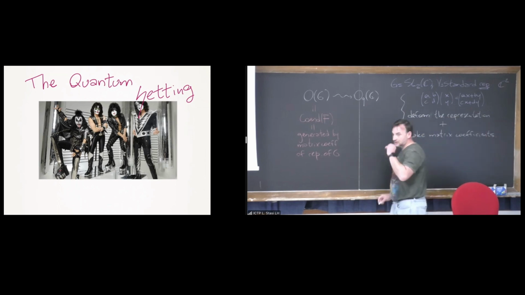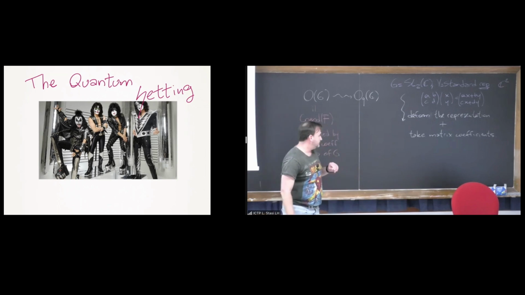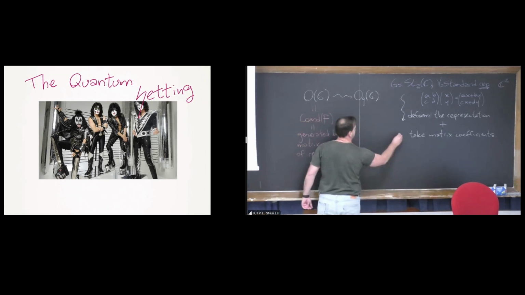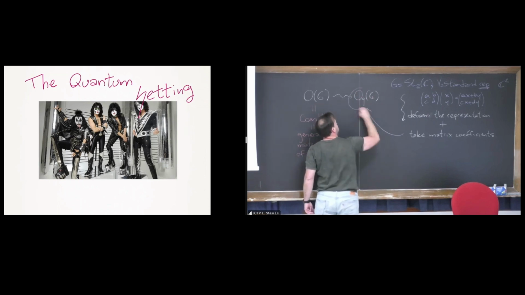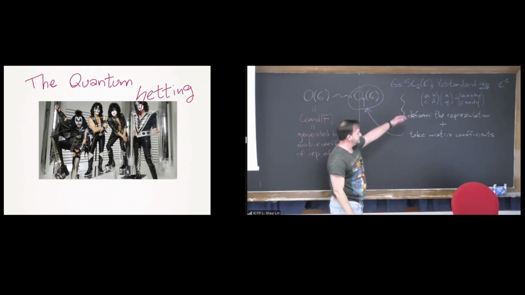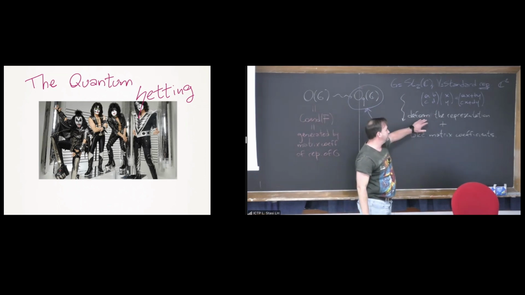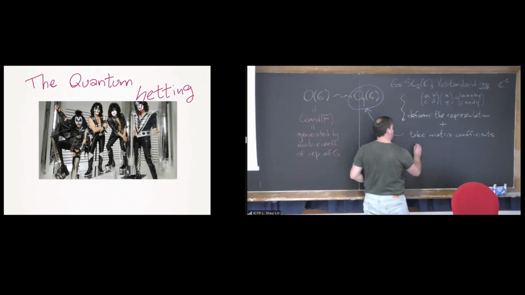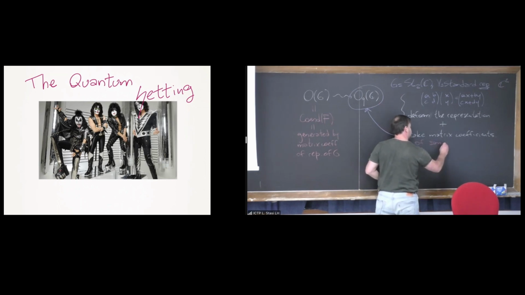This is actually a path that one could take to define this object. So one deforms the representations. In the case of SL2, it's enough to deform this one, but for other groups, you need to deform more ones, and you take the matrix coefficients.